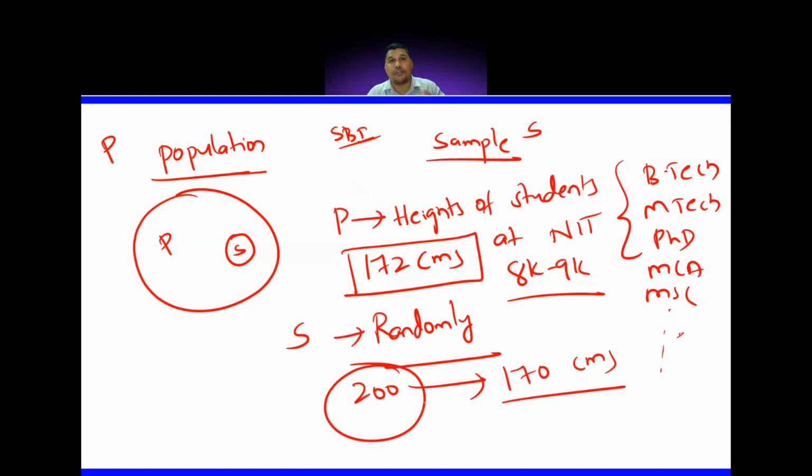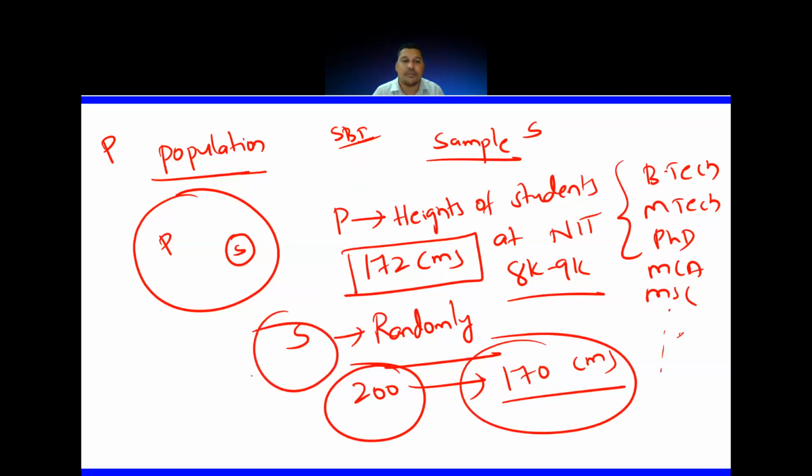Instead of calculating the average height of all the students, we are randomly picking a small set of students, and for that small set I am calculating the average. I get an average of 170 centimeters.